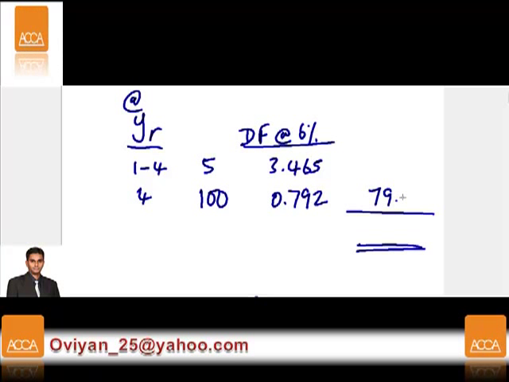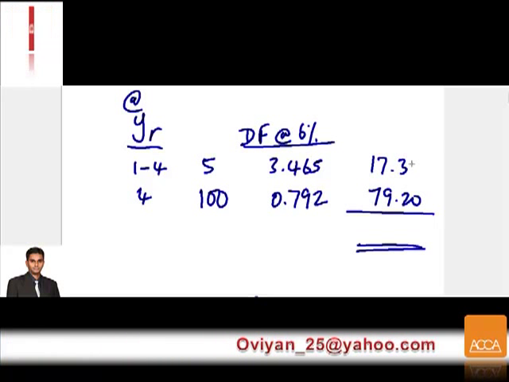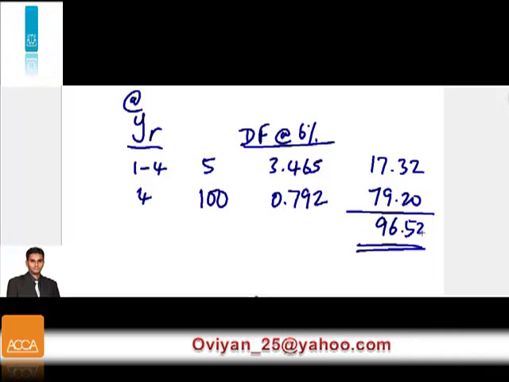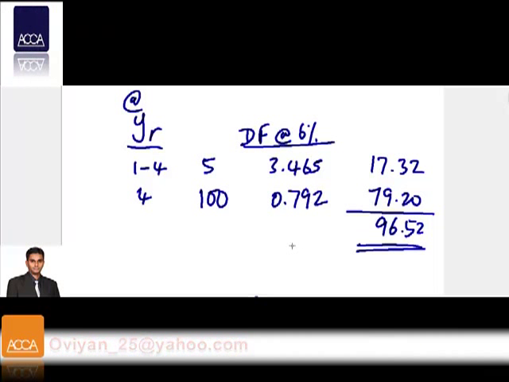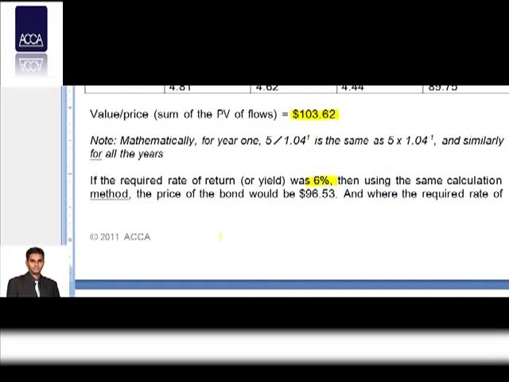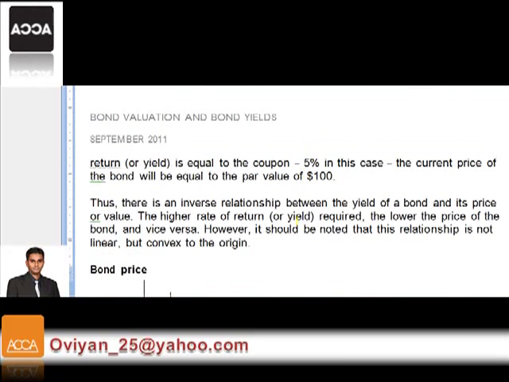Multiplying gives 17.33 and 79.2, which add up to 96.52. That is the present value of the cash flows. The examiner got 96.53, probably because he used the full discount table.